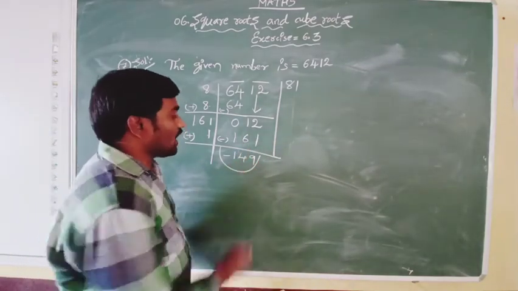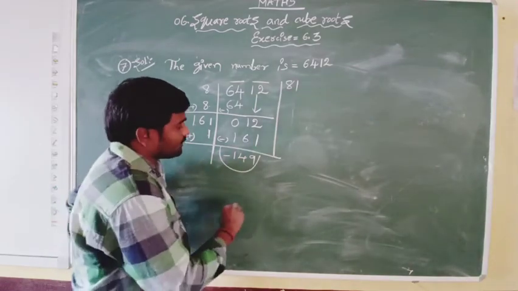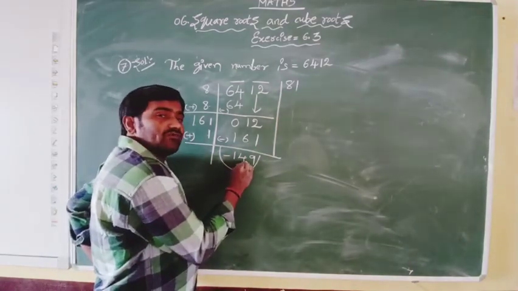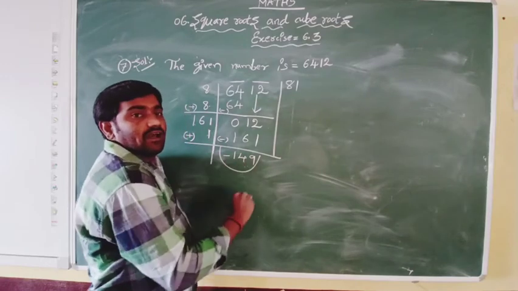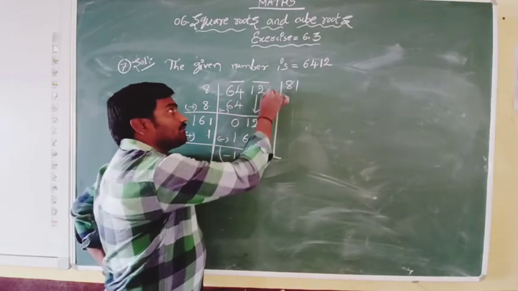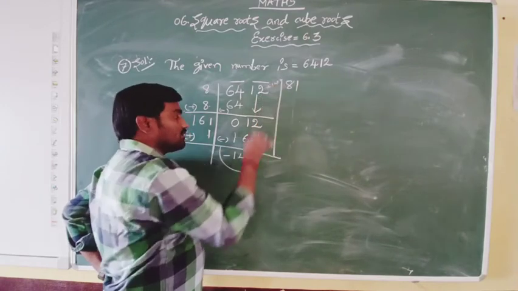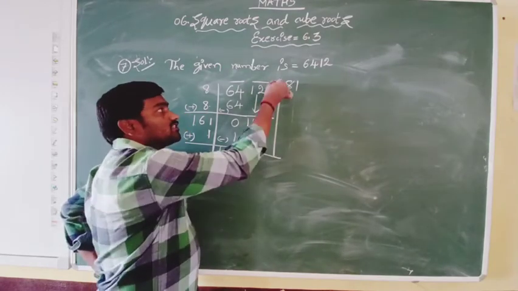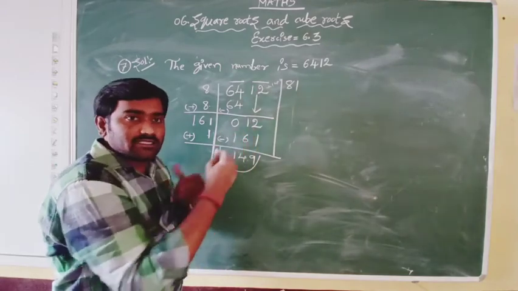How did we get minus 149 here? Why did we get 149 as a remainder? If there is a plus 149 here, this minus 149 and this plus 149 will balance.